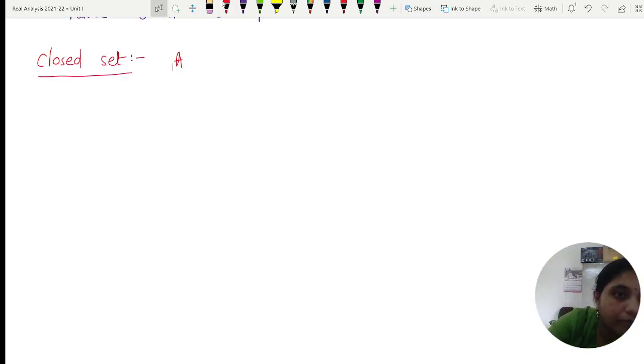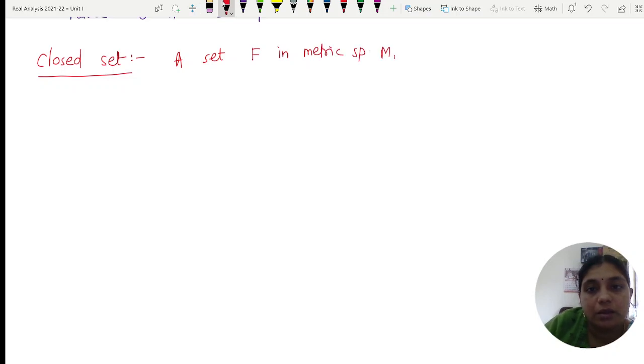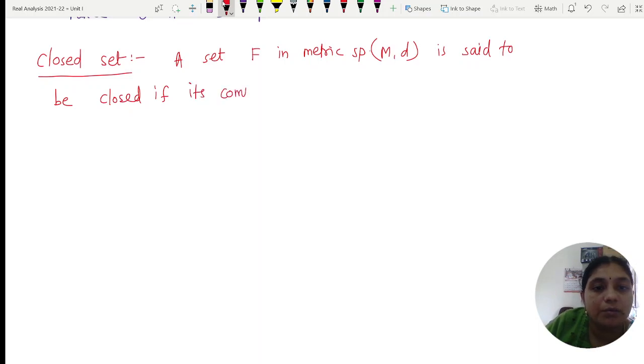A set F in metric space (M, d) is said to be closed if its complement is open, that is, if F complement is open.